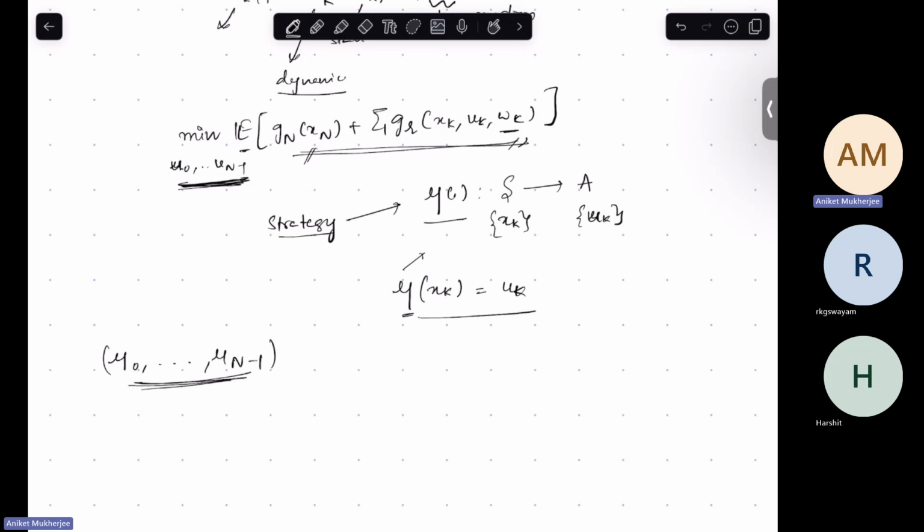The strategy could be different for different time instances; they need not be the same function at each time instance. But this whole sequence of strategies altogether is known as a policy. This policy is sometimes denoted as pi.